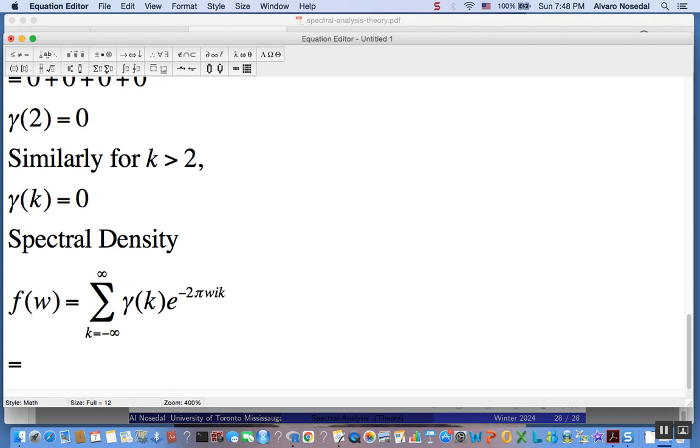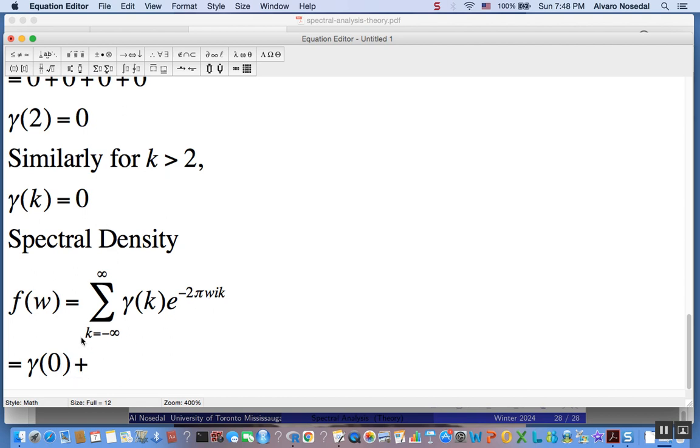Well, now let's break that down into three terms. The first one is going to be gamma at 0. Note that e to the 0 power is just 1. So that's one of the terms.